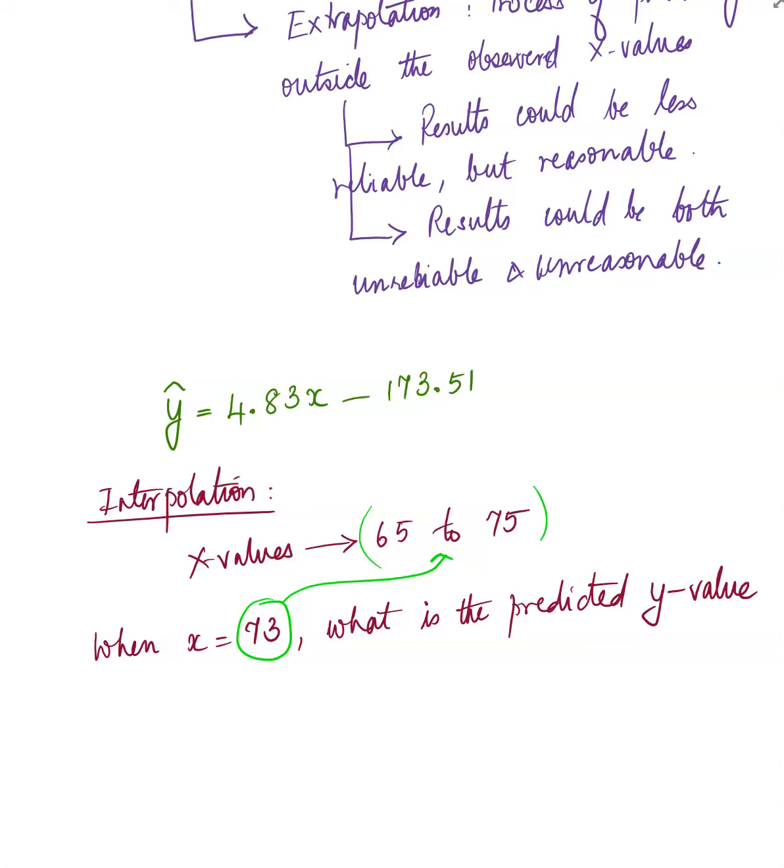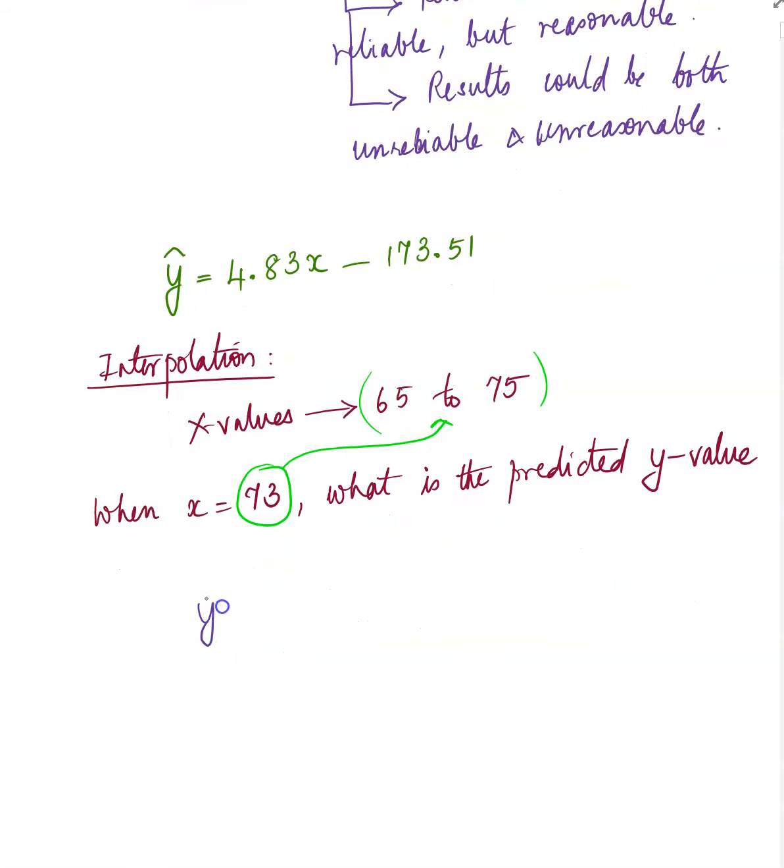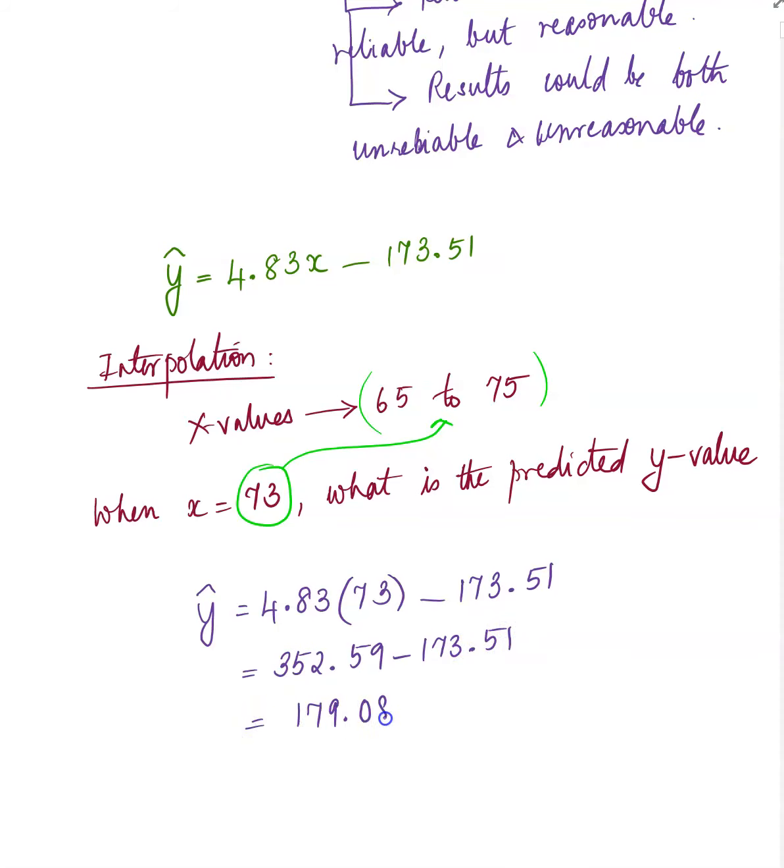So at this point it is a pure mathematical problem. y hat will be 4.83 times 73, because your x is now 73, minus 173.51. That gives you 352.59 minus 173.51, which comes out as 179.08.